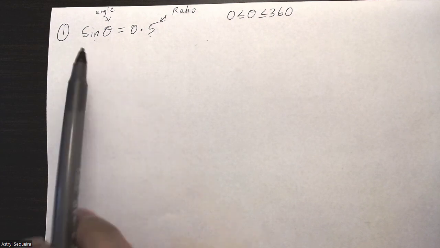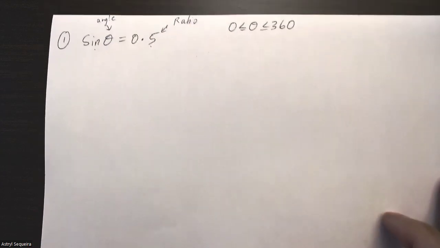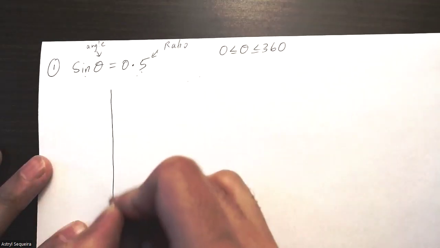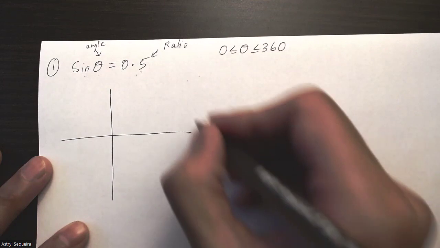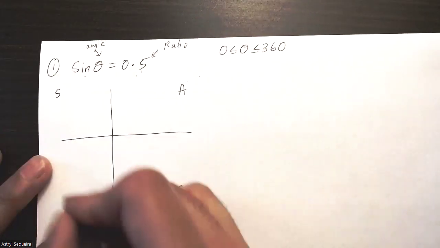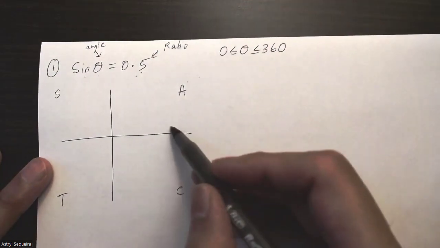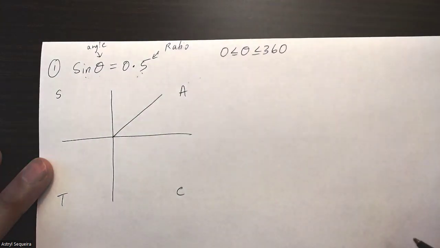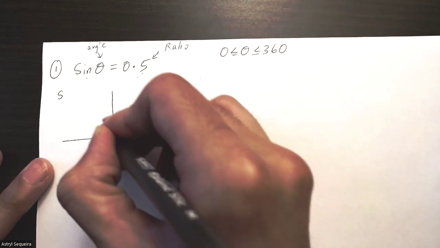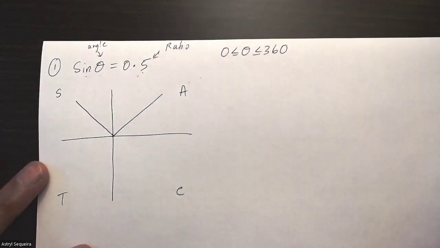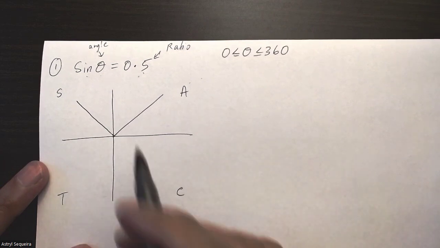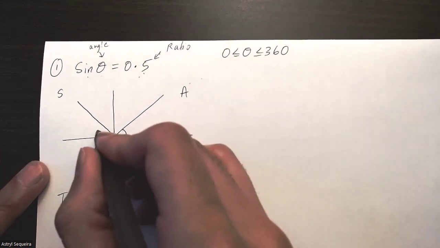In this question right over here, my ratio is positive. So when I do my CAST rule, I know that sine is positive in the first quadrant and sine is positive in the second quadrant. Now that I have my two quadrants, I need to find my acute angles next.